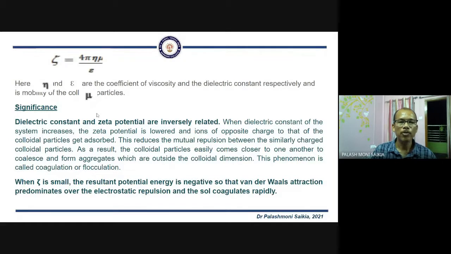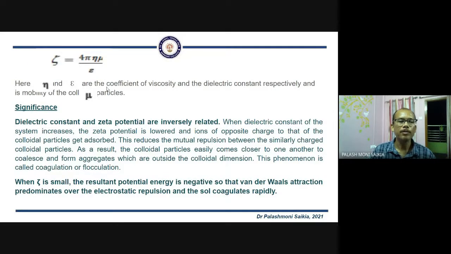If you go to the question papers of Guwahati University, you will find that in 2017 and 2019 one question was there: how zeta potential is related to dielectric constant. So this is the relation between zeta potential and dielectric constant, which we can express through DLVO theory.